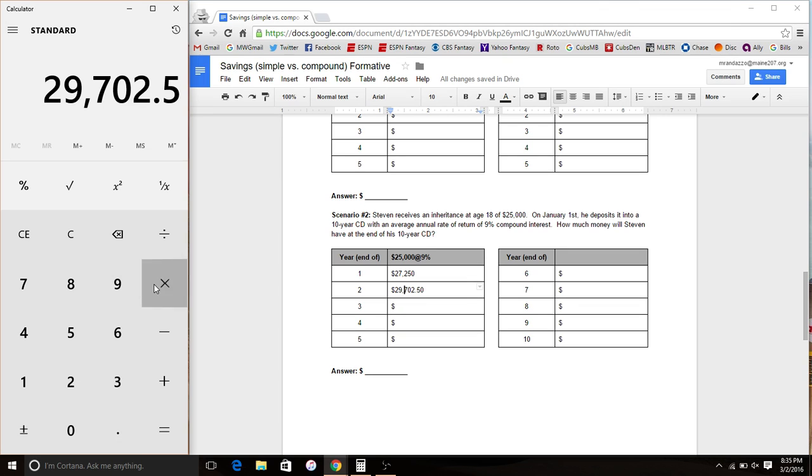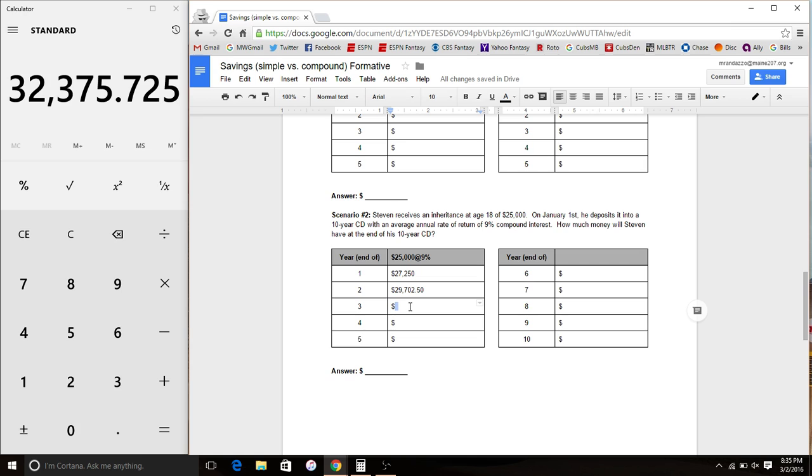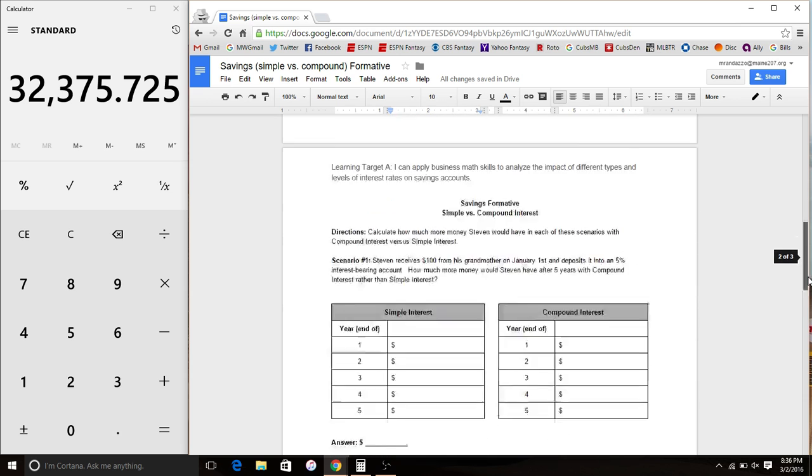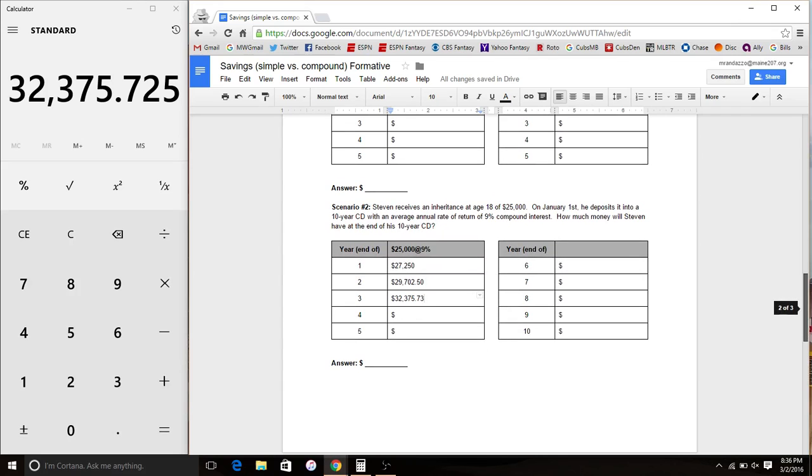All right, times that by 0.09. Add the 29,702.50. We got this number, 32,375.73. Let's go check our key up here to make sure. 32,375.73. Very good. Okay, so now once again, guys, you're just doing these steps.